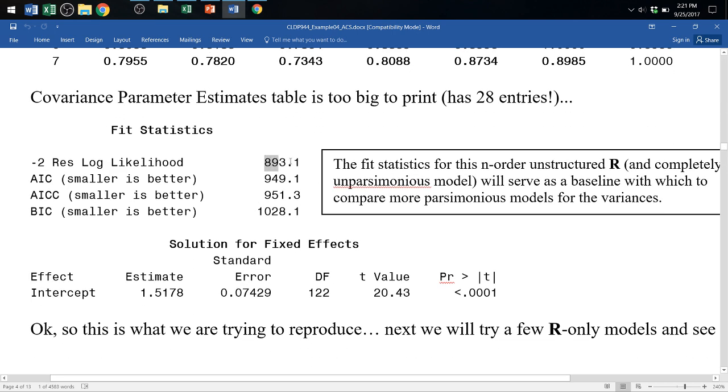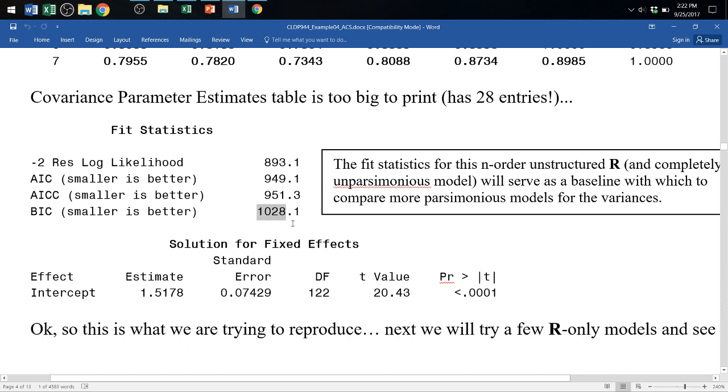So here's my -2 log likelihood. Is this number the biggest I'm going to see or the smallest I'm going to see? Smallest. This is the best. However, what about BIC?